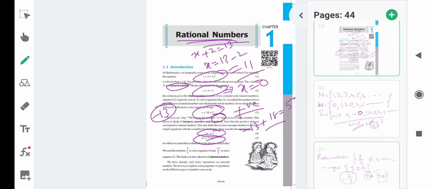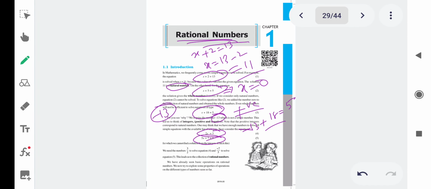Okay, now x is equal to 3 by 2 satisfies the given equation 2x is equal to 3. We have another equation. What is that?